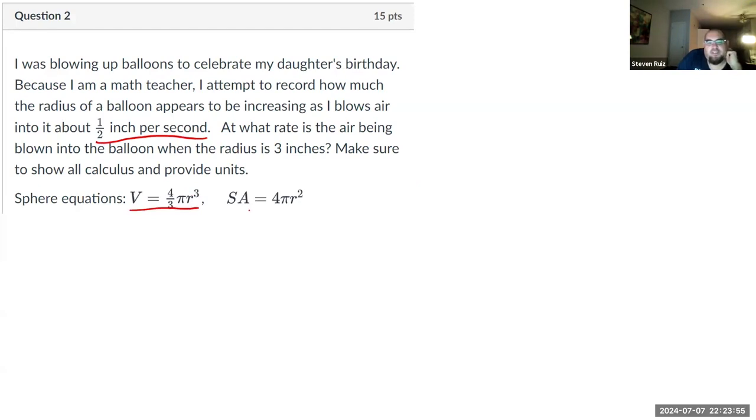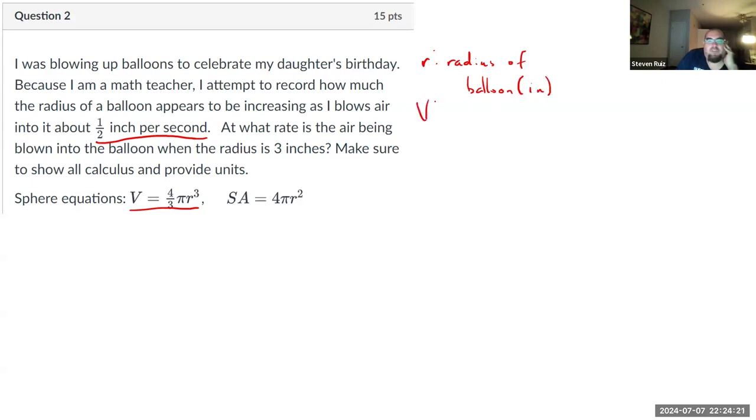I think these are good identifiers of what variables I'll be using. I'm assuming that these balloons are spherical. So r stands for the radius of a balloon, and what unit am I being given for this? This is an inch.